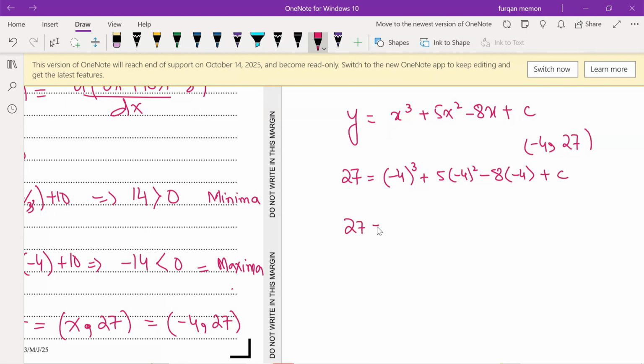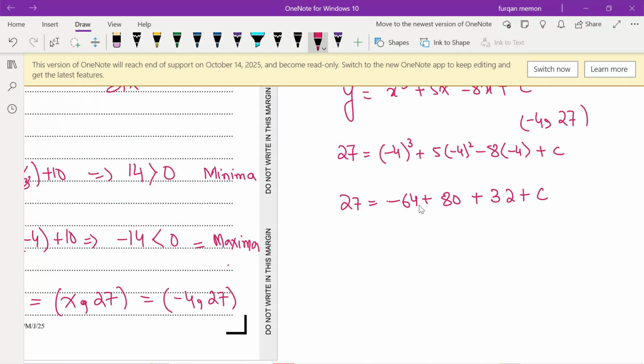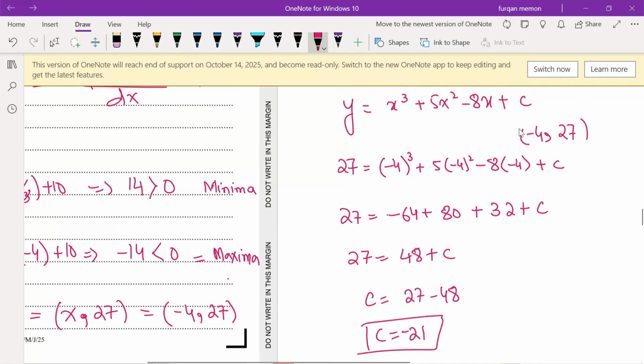So 27 equals negative 64 plus 16 times 5, which is 80, plus 32 plus c. Solving it, 27 equals negative 64 plus 80 plus 32, which is 48, plus c, and c equals 27 minus 48, which equals negative 21. So we have the constant, which is negative 21.